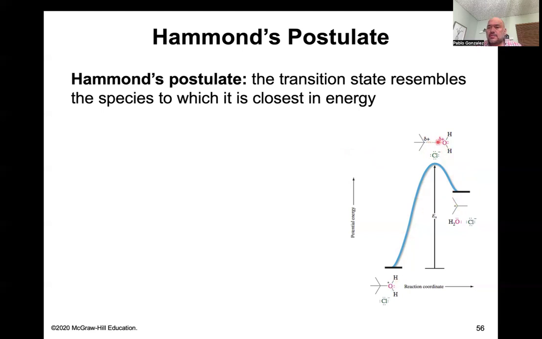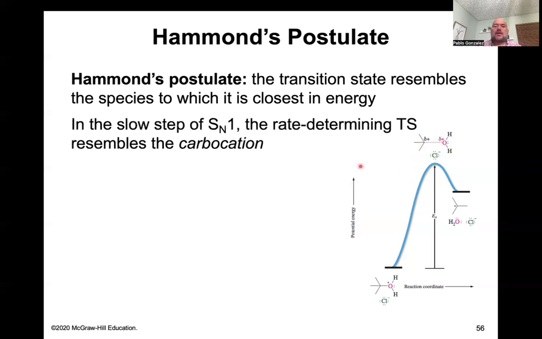That's why the separation between them is larger here than here. If this were closer to here, these two would be closer. But because it's closer to the second intermediate, they are almost completely separated, but they still have the bond that was broken there. That's why it is called the transition state in this step.